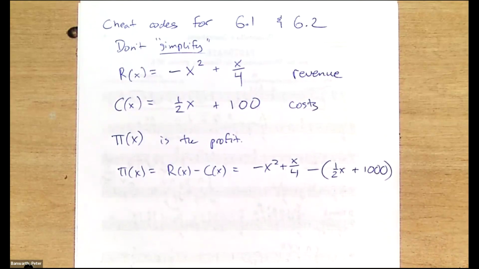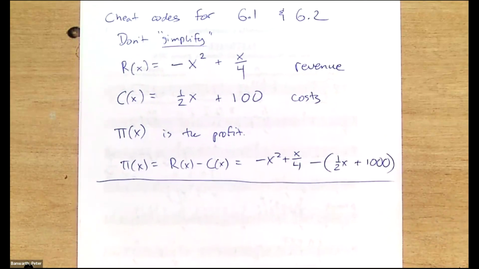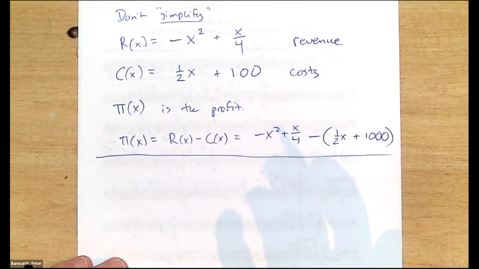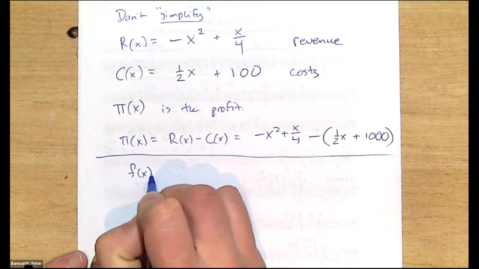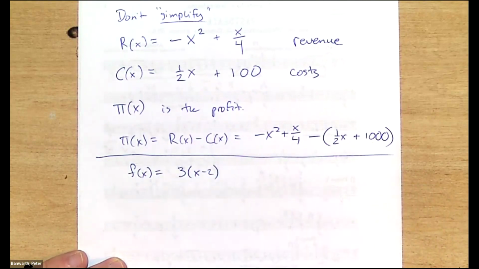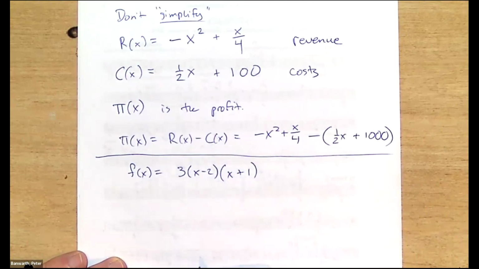There's also a very mathematical reason why it's not always a good idea to simplify. Let's use the function f of x equals 3 times x minus 2 times x plus 1.